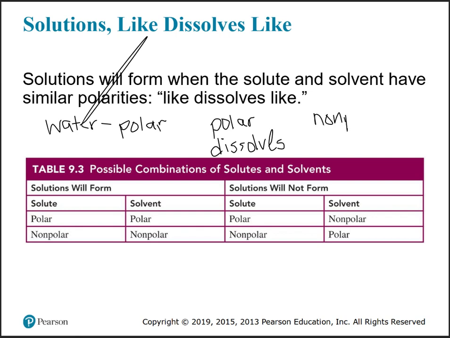The oil and water example would be an example of trying to add something that is nonpolar to water. So nonpolar, don't even think about it with water, okay? Like dissolves like.